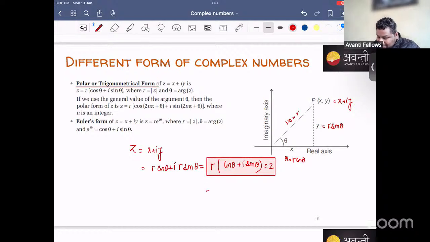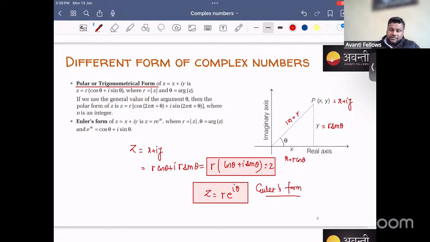Now, this is also written as r e to the power iota theta, and this is what we call Euler form. Understood?